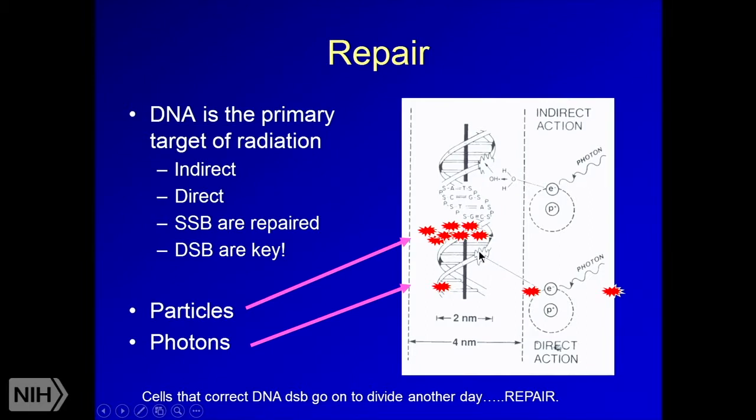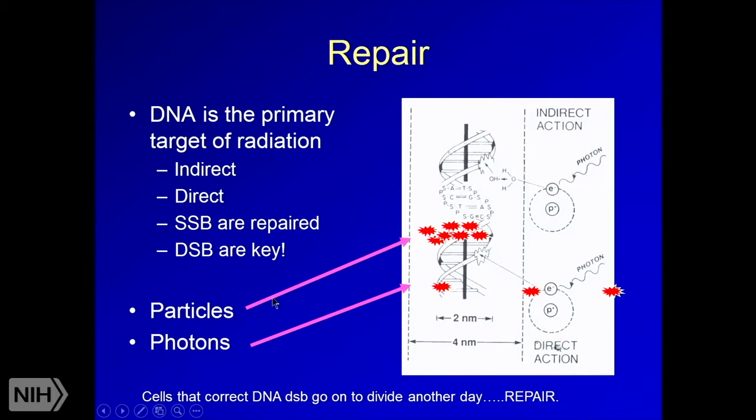And when we talk about direct damage of DNA, there can be things called single-strand breaks, which are certainly very easy for your body to repair because the contralateral DNA template is present. But double-strand breaks are really the best way to damage DNA from radiation and the most effective. And so we want to try and get as many double-strand breaks as possible. But cells that can correct their DNA double-strand break, they go on to live another day and ultimately repair themselves.